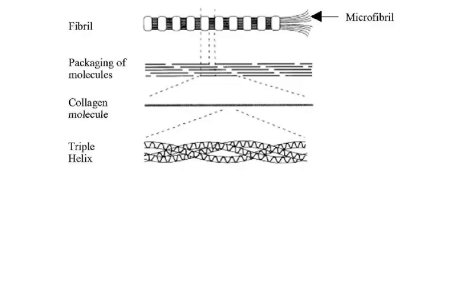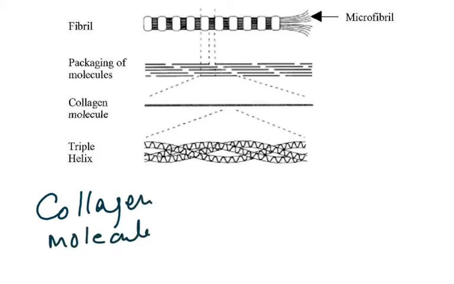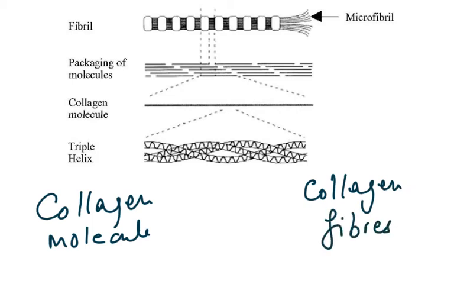We must be very clear on two terminologies. One is called the collagen molecule, and the other is called collagen fibers. And you can see here this whole structure, the triple helix.